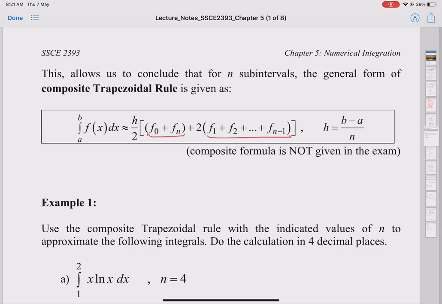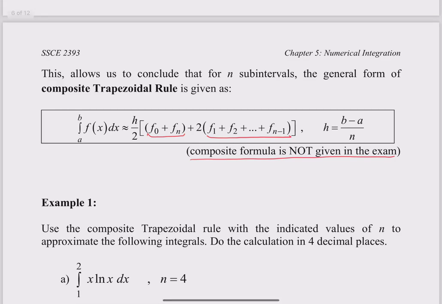And as you can read, the composite formula is not given in the list of formulas in your exam, so you must know a little bit how to derive it, or maybe you need to memorize it. What you will be given in your final exam is the integral from a to b of f(x) dx equal to h over 2 multiplied by f(a) plus f(b), the formula for integration for one interval.